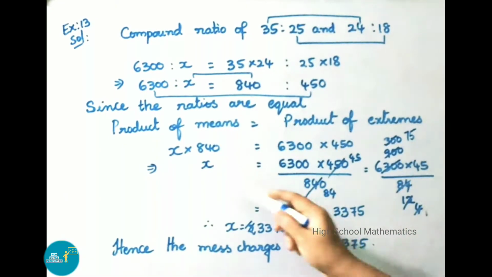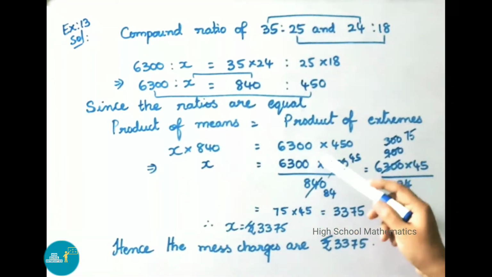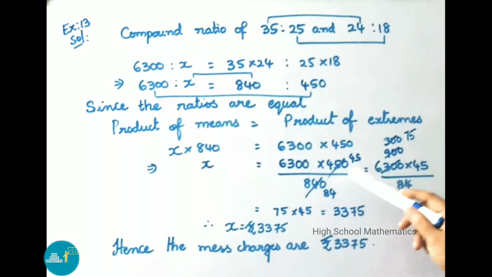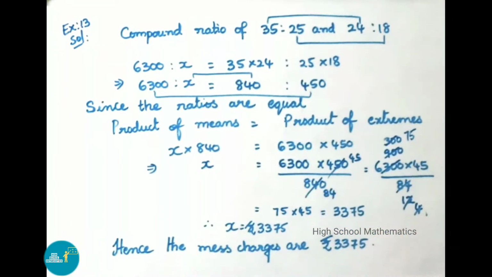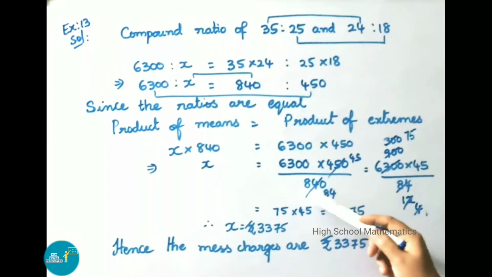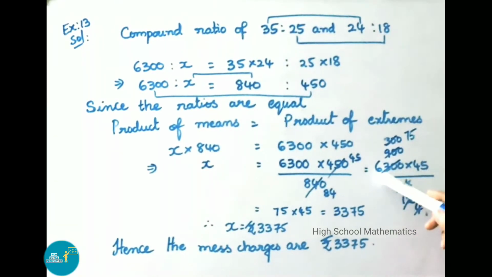That implies x is equal to 6300 into 450 by 840. The 10 table: 840 is 84 times 10 and 450 is 45 times 10, so we cancel them. That equals 6300 into 45 by 84.